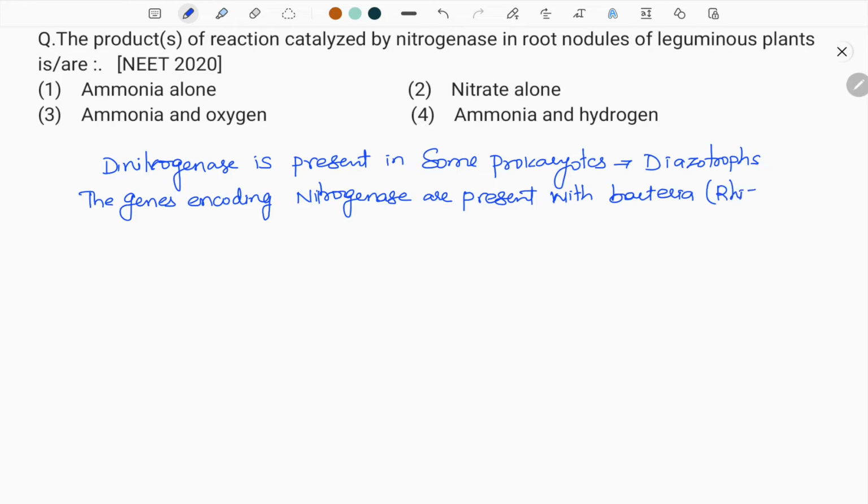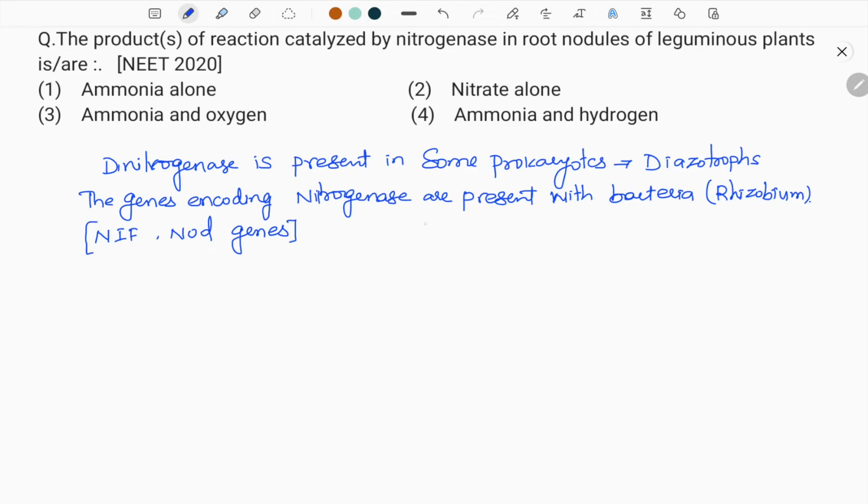One example that we can write is Rhizobium. So let us see that there are two types of genes. The genes encoding nitrogenase are called NIF genes, nitrogen fixation genes. Another is the NOD genes. They are called NOD genes and NIF genes.